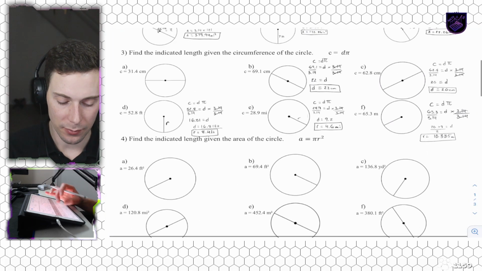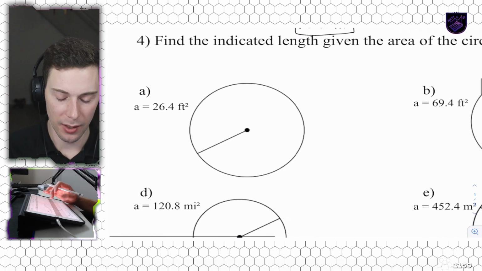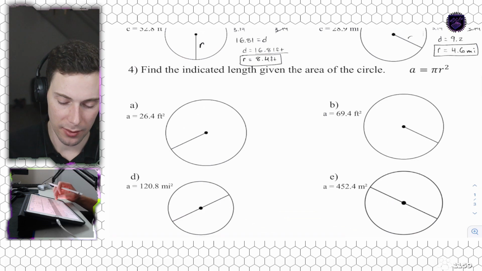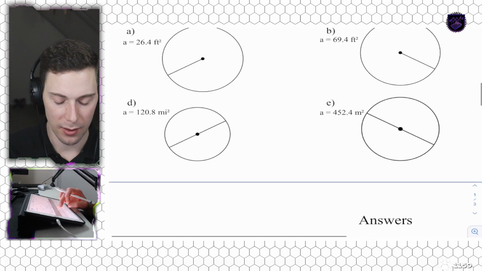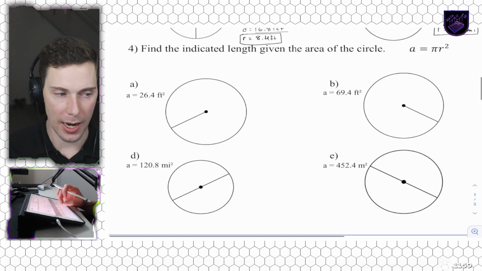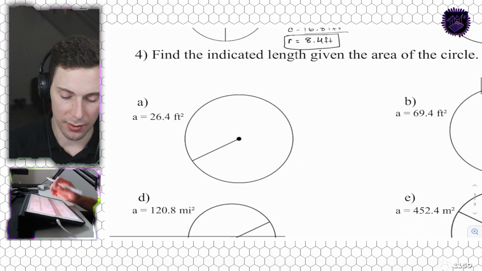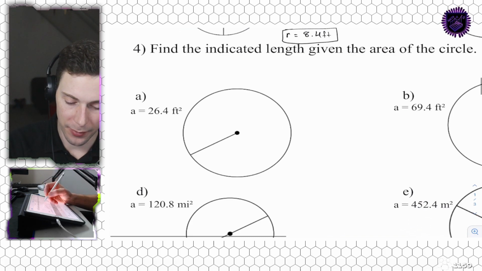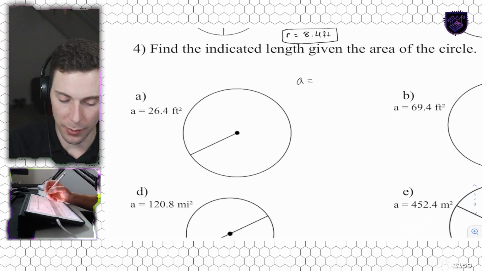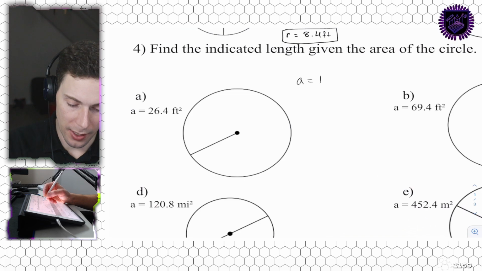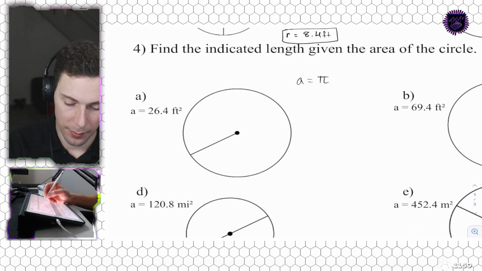Okay. Next one, we need to find the radius of the first three and then the diameter of the next three. All right. Let's do this. So we'll write out our formula. Area will equal pi times radius squared.